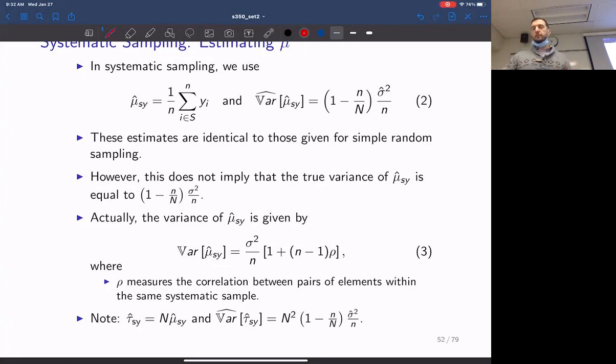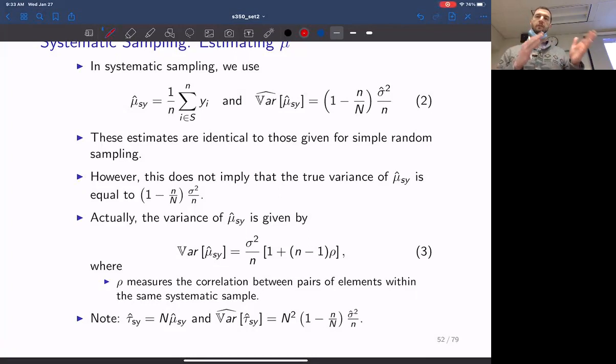We can show in certain situations that rho is going to be 0. And if that is the case, then we can show that these estimates are approximately equal to one another, with the compensation of the FPC, of course. But in other situations where rho is not close to 0, obviously the estimates of the variance are going to diverge from each other. We will talk about methods for calculating rho later on when we talk about repeated systematic sampling, as this will give us a strategy for estimating rho.